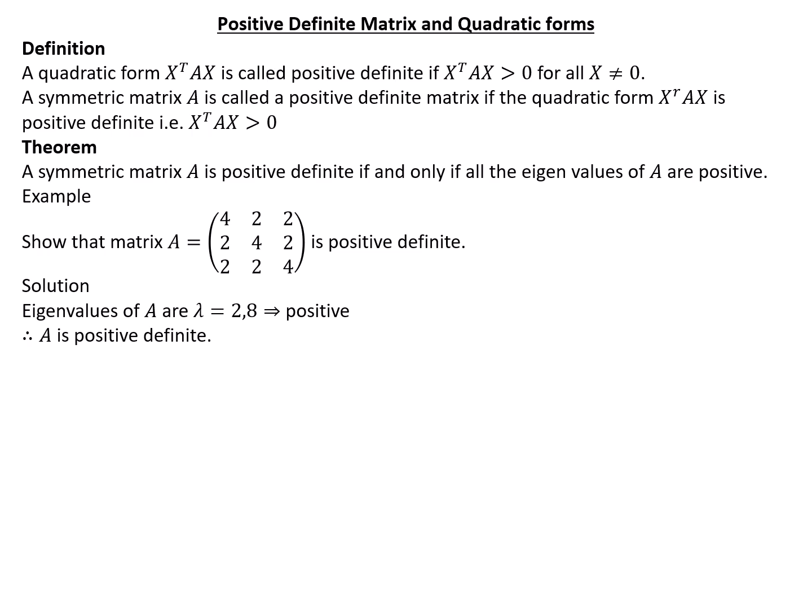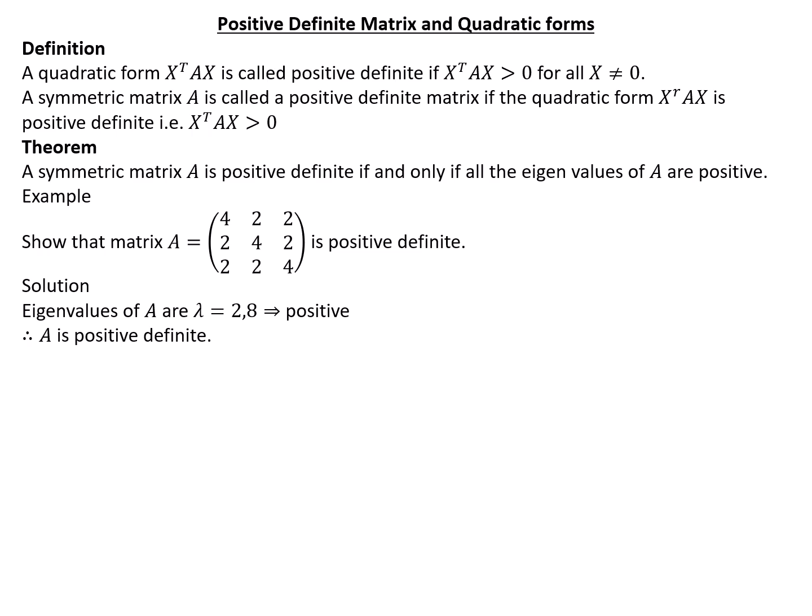If you have a positive value for it, that means the matrix is positive definite. The quadratic form of that matrix is positive definite.